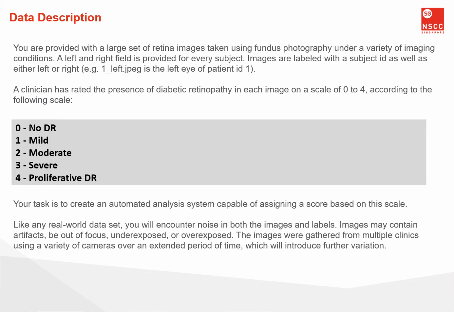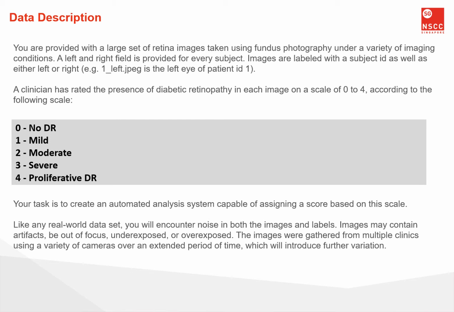So the data is collected under a variety of different conditions. As mentioned, there are different imaging conditions, and both the left and right eye are taken. So left and right means left and right eye, and the naming convention is that the subject ID or the patient ID is put in front, followed by an underscore and then left or right dot JPEG.